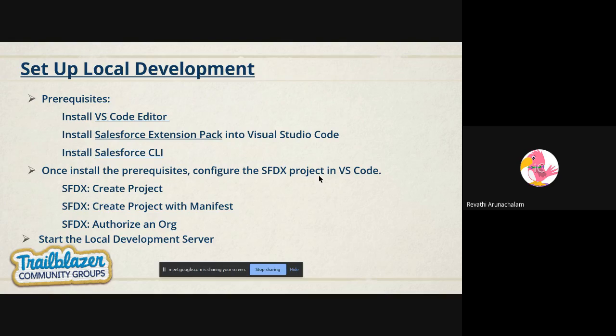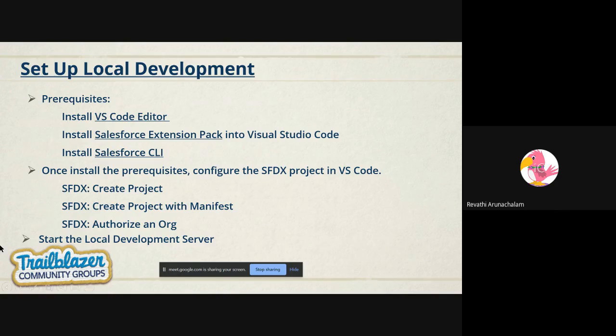For that, as everyone knows, first of all we need to create a project. We can create a project by pressing Ctrl+Shift+P, or else we can create a project with the manifest. Once we are done with the project creation steps, we need to authorize the org. Here, we can authorize our existing developer org, or else we can create a scratch org.